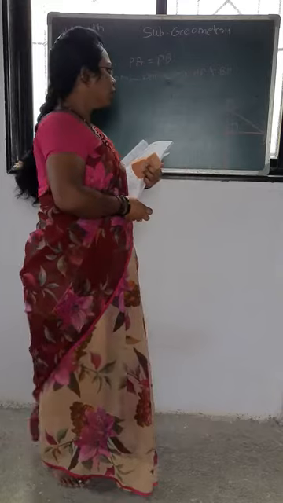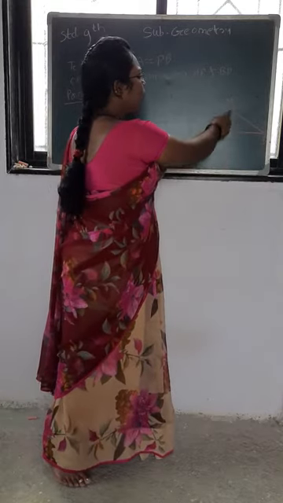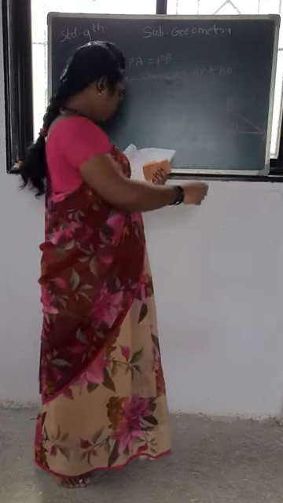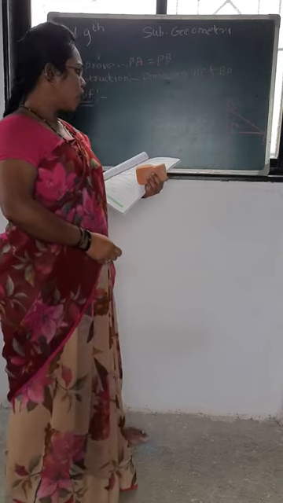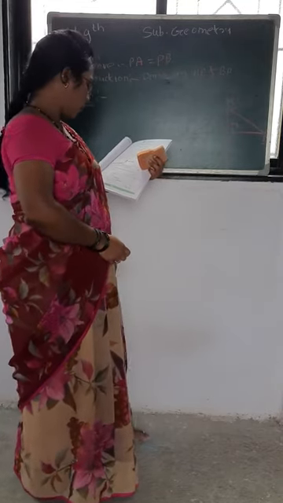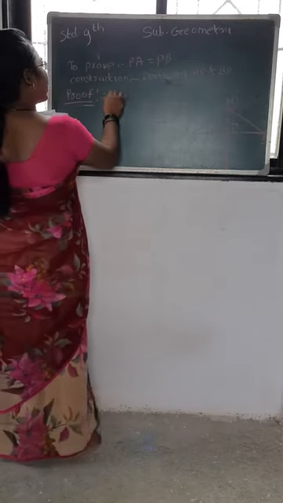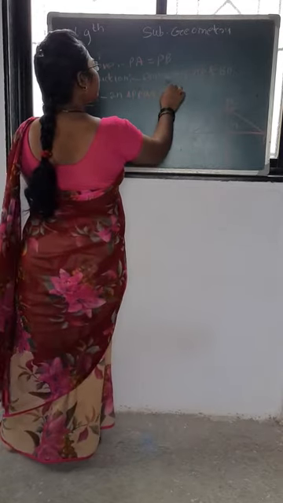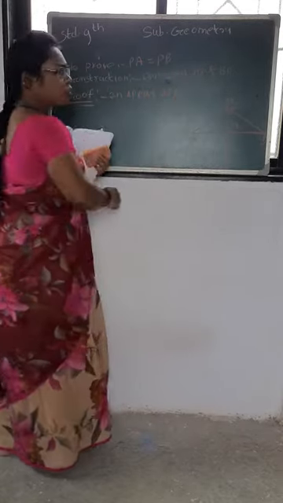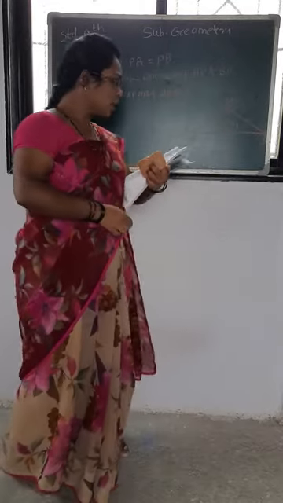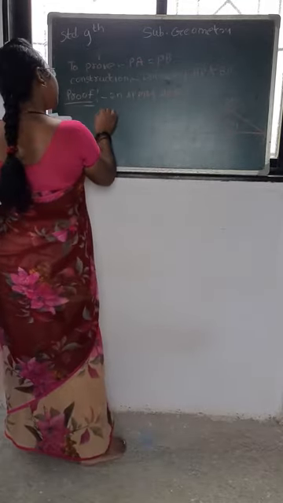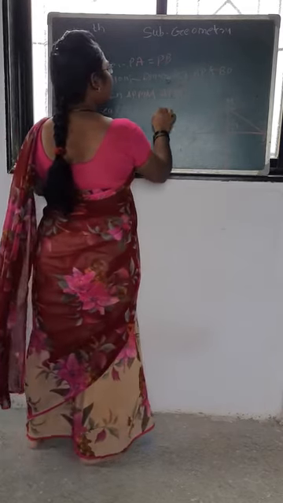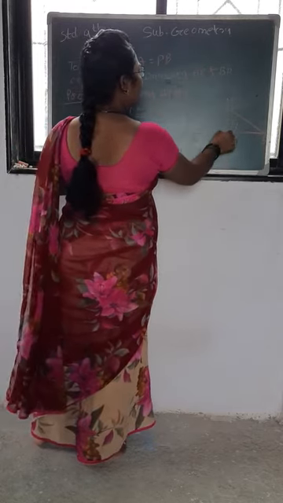Then the proof of the theorem part first. In the construction we join AP and BP. Then we get two right angle triangles, triangle PMA and triangle PMB. Proof: in triangle PMA and triangle PMB, segment PM is congruent to segment PM, the reason is common side of two triangles.